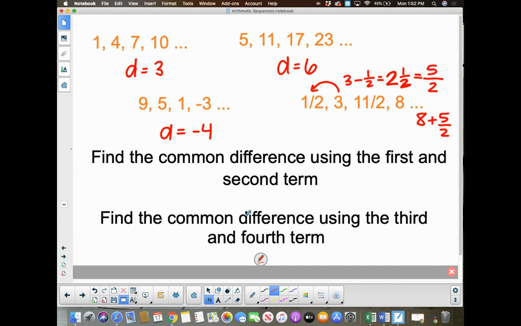When y'all get to pre-calc, you're going to need to know how to use fractions. I know y'all love them, but you're just going to have to learn how to use them, so it's best to start using those practices, especially without a calculator. If I change 18 to 16 over 2, plus 5 over 2, 16 plus 5 gets me 21 over 2. And that's my common difference.